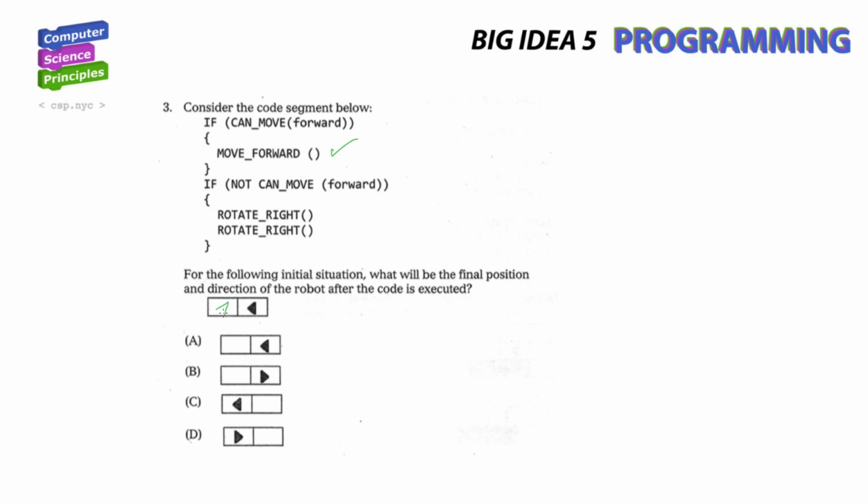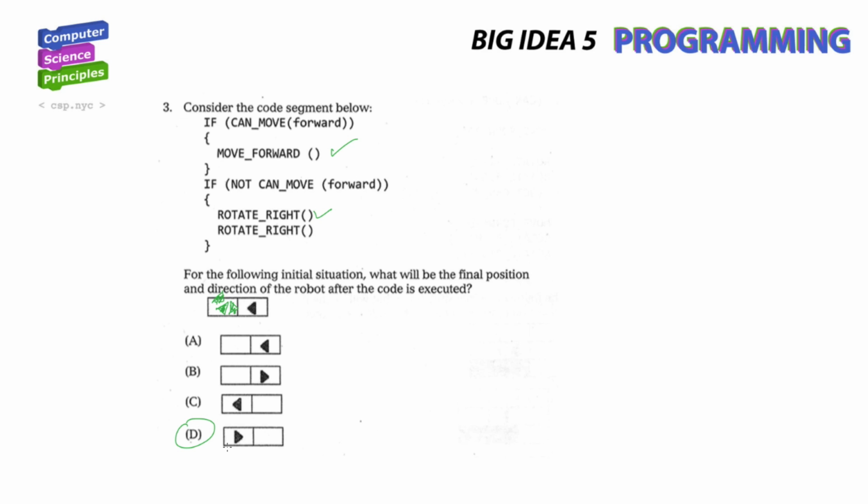So it's going to move forward. Okay, if cannot move forward, which it currently cannot move forward, then it should rotate right. So now it's facing up. And then rotate right again. So now it's facing back on itself. And then that's it. So D would be our answer for question number 3.